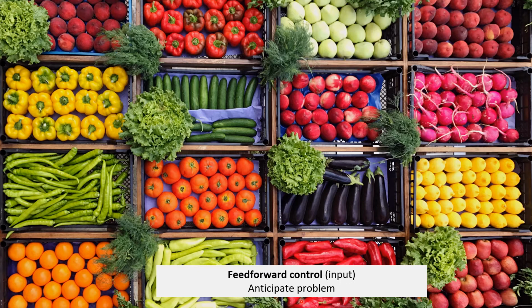The control from the input level, meaning that, let's say you want to produce a cake or food or pizza for your restaurant. Your input for your pizza would be all these vegetables.